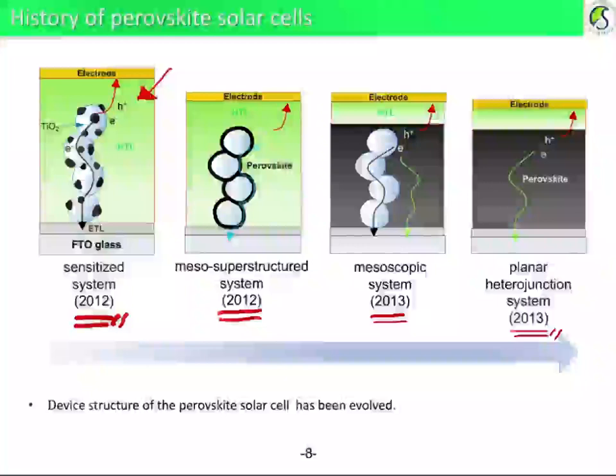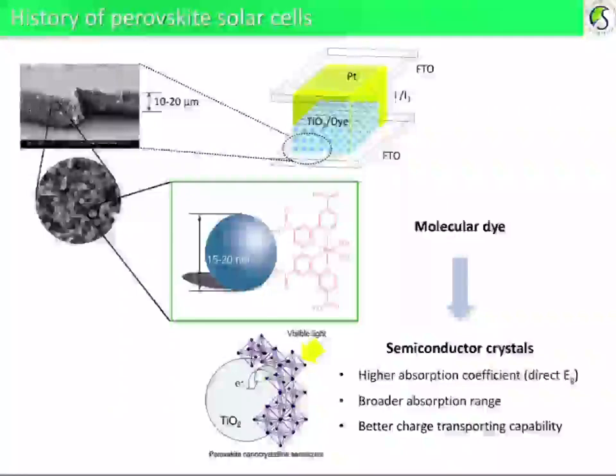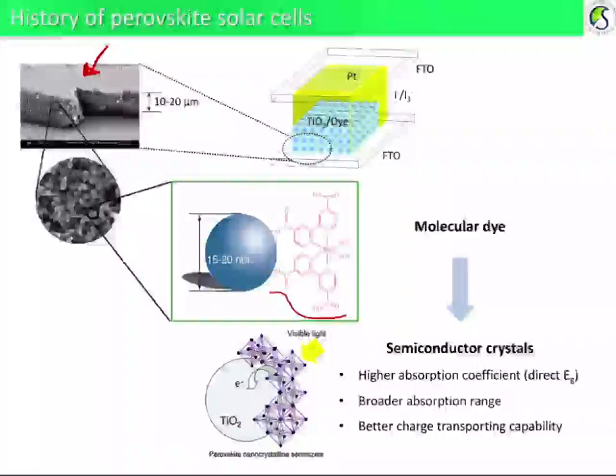It is because the development of this perovskite solar cell originated from the dye-sensitized solar cells, where it used the mesoscopic titanium dioxide and absorbed the organic molecular dye, which absorbed the light, and the photo-generated electron is injected to the TiO2, whereas the remaining hole is regenerated by the redox couple.